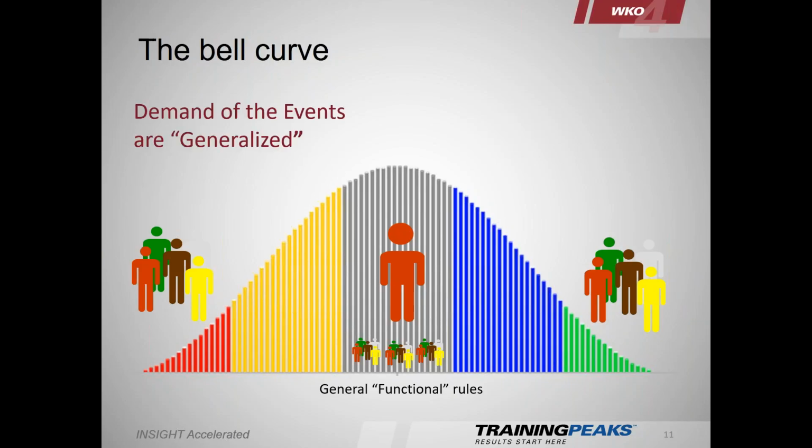A lot of it was designed in a generalized approach towards the demand of the event and a generalized approach towards the ability of the rider. Now, if you've watched my other webinars, you'll see me say this time and time again. All great coaching starts with understanding the demands of the event and the ability of the rider, and working towards matching the ability of the rider to the demands of the event to win.